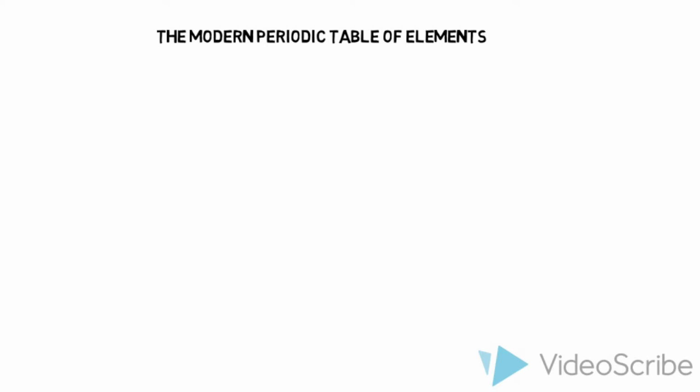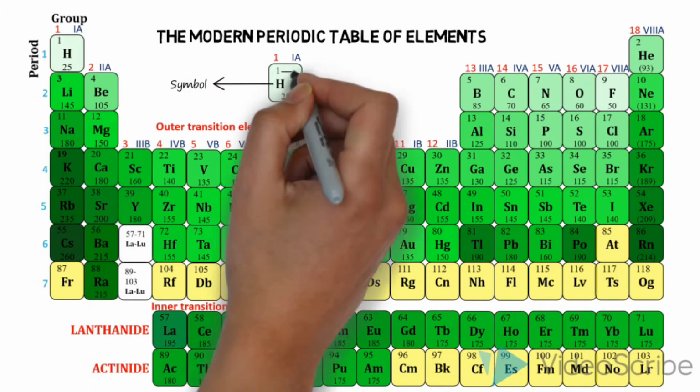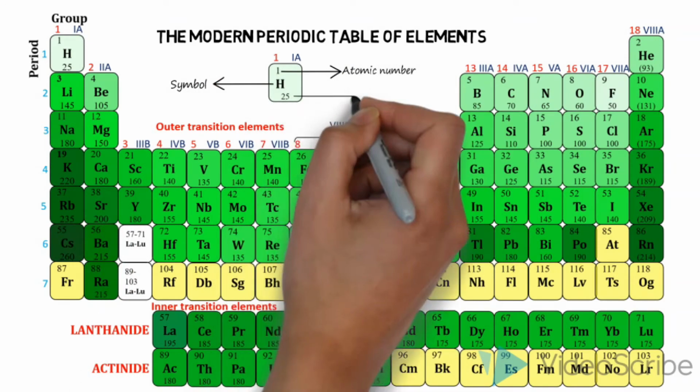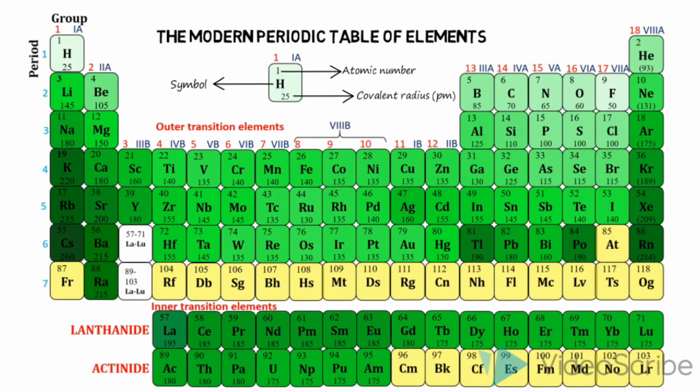But at first, let us see the overall trend of covalent radii in the modern periodic table in a single blink. In this periodic table, covalent radii of elements are given. The elements are represented by the symbol. The number above the symbol is the atomic number, while covalent radii in picometer are given at the bottom of the symbol.